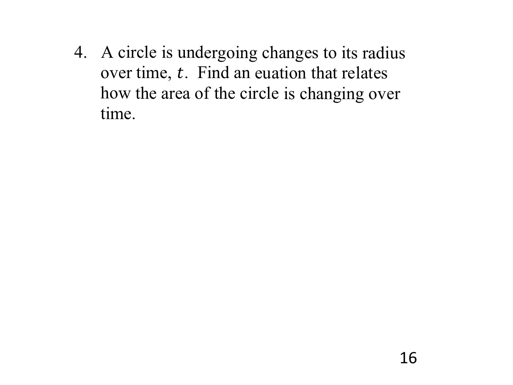A circle is undergoing changes to its radius. Find the equation that relates how the area of the circle changes. Area equals pi r squared. Derivative of area with respect to time would be dA dt.